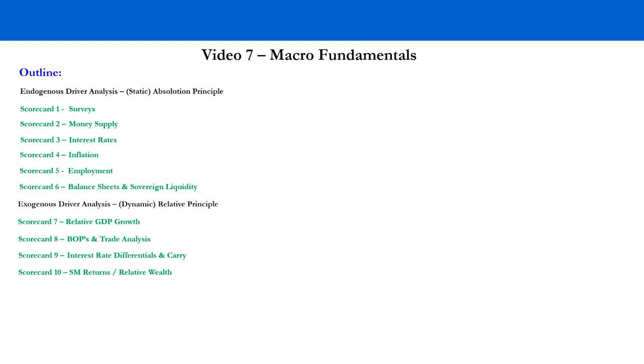When we look at currencies, as you know by now, we can't buy one currency without selling another. However, we can look at countries in absolute terms by analyzing their economy and the parts of their economy that don't necessarily depend on the outside world.